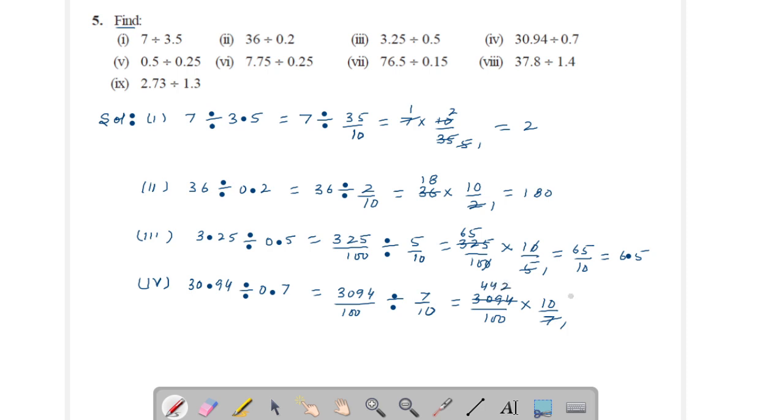It is 442. Here cancel 0 by 0, then multiply. You will get 442 upon 10, and this is equivalent to 44.2. This is your answer.